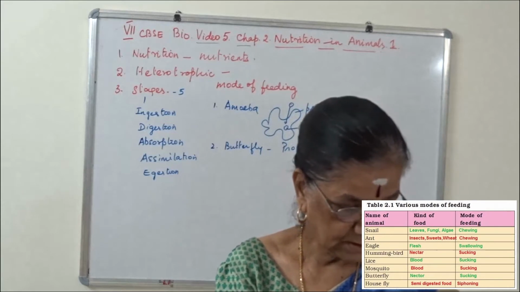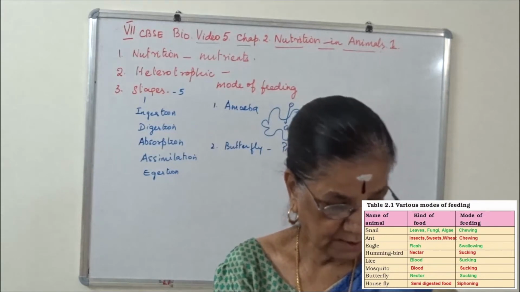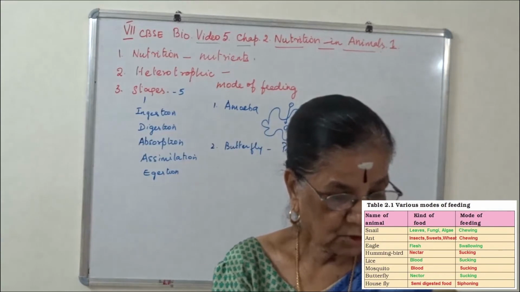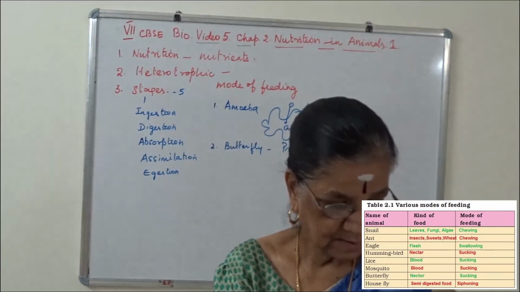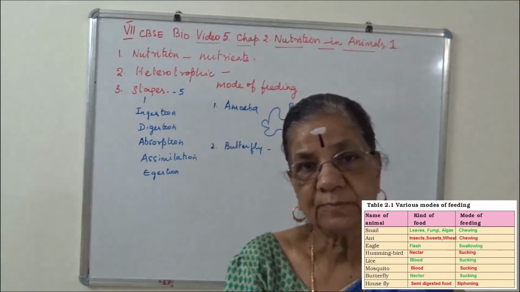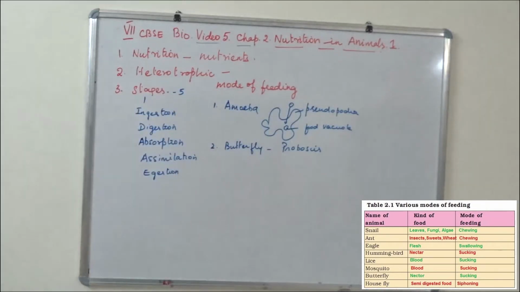I hope you follow this. Are you clear? So that is activity 2.1. I hope you are noting down. Check.